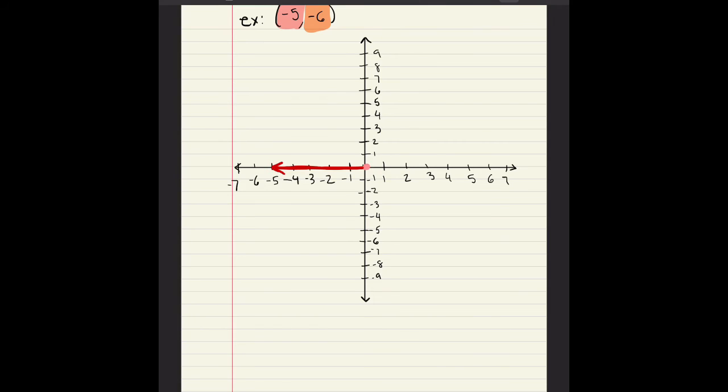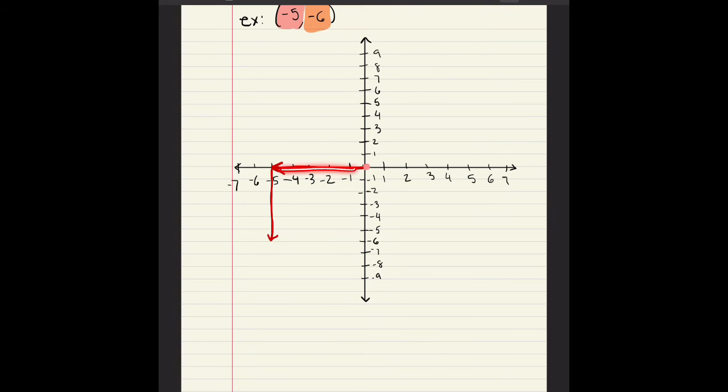So I left off at -5, so now I need to go down to -6. And you can see here's -6 on the y-axis, and it's aligned with where I am now.